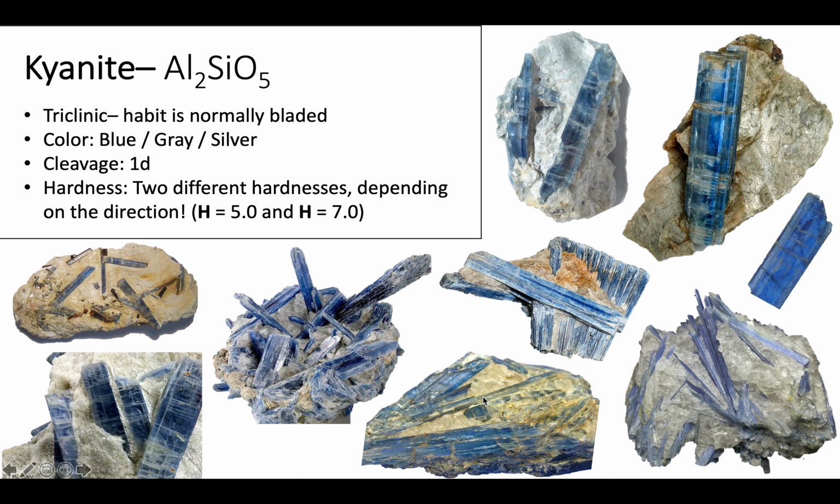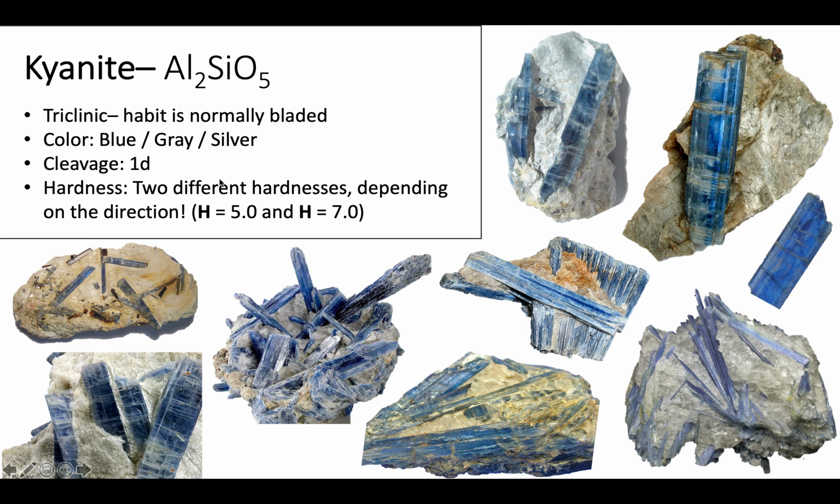The color is super diagnostic, this blue, gray, silver color. So between the bladed habit and that blue color, kyanite is usually pretty easy to identify. It also has 1D cleavage, so you could imagine cutting down from the top of these blades. That would be the cleavage plane there.